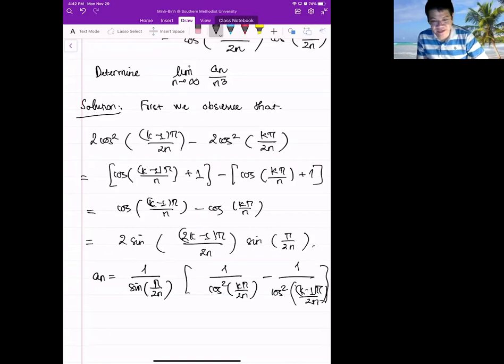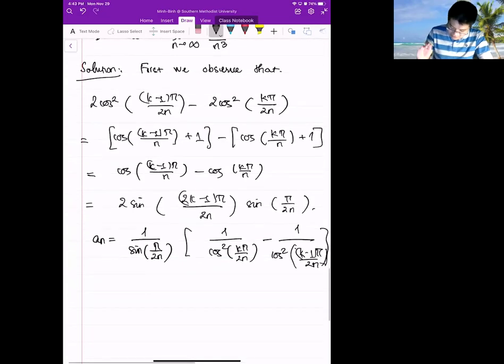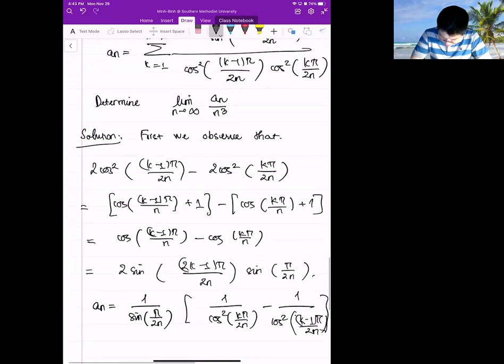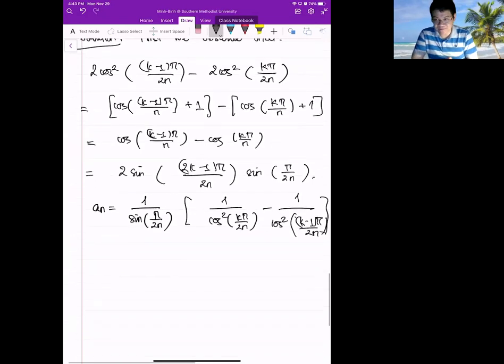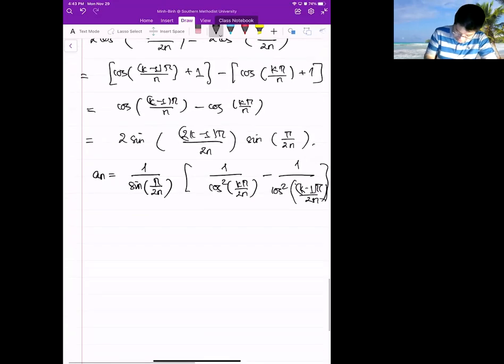All right, so this is a_n. Now, because you can write a_n under this form, the sum is telescoping.